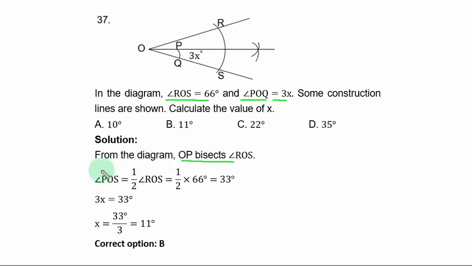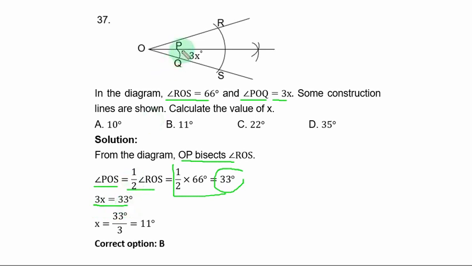For that reason, angle POS is half of angle ROS. You have it in this form, that is 33 degrees. So therefore 3x is equal to 33 degrees.